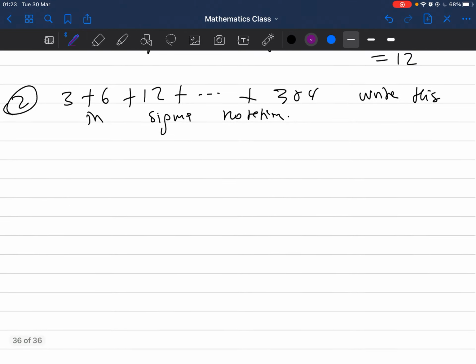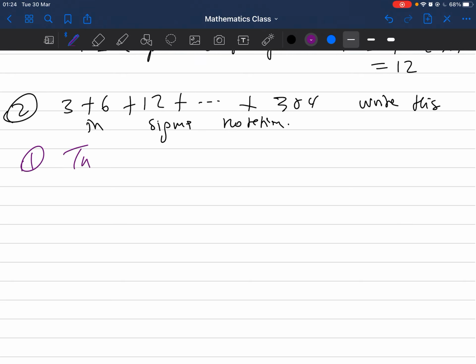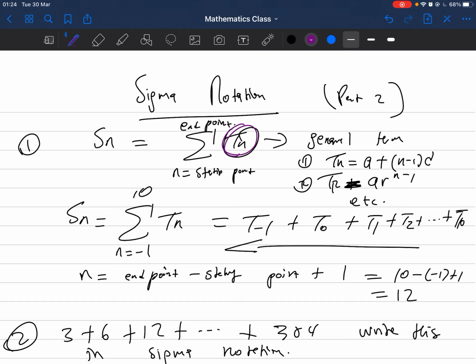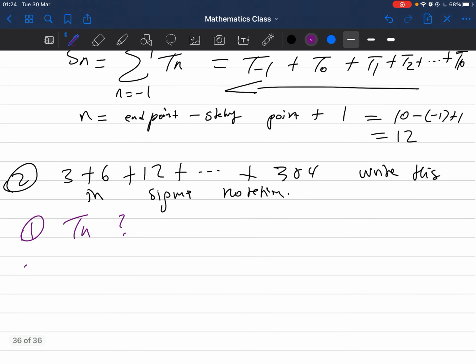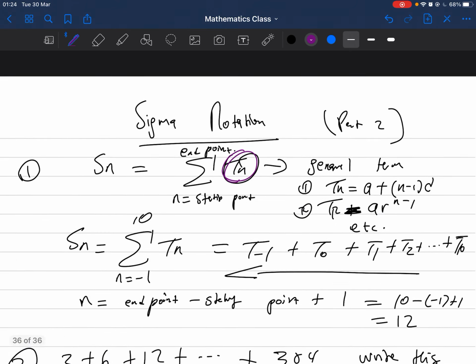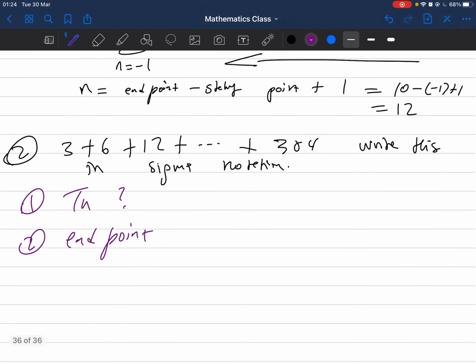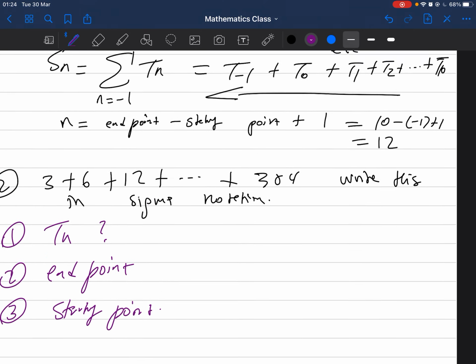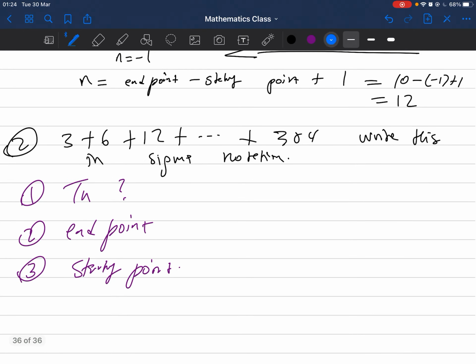There are a couple of things you're going to need. First of all, you need to find your Tn. Second, you need to find your end point. Thirdly, you need to find your starting point. Okay, so let's do that.